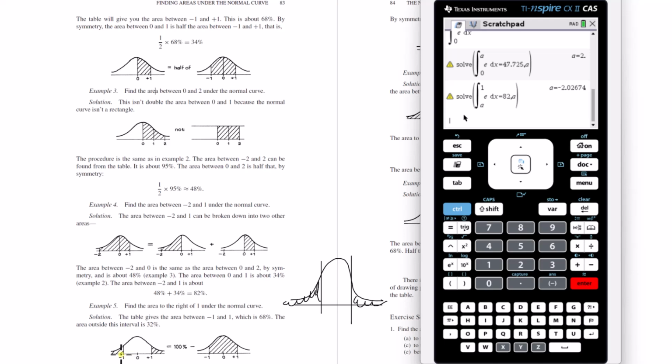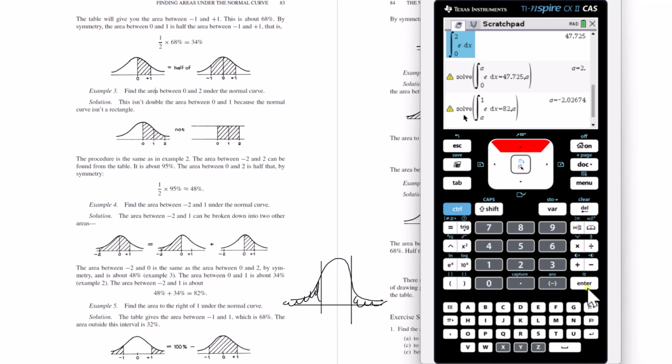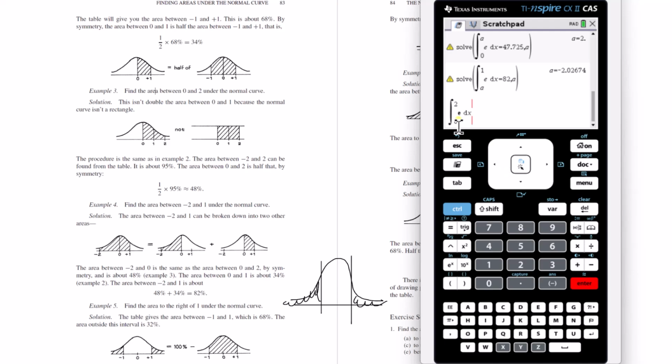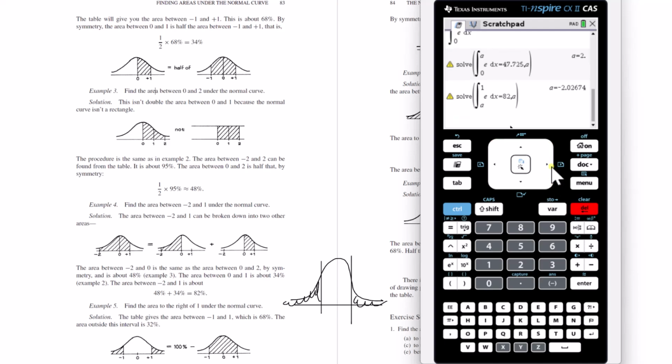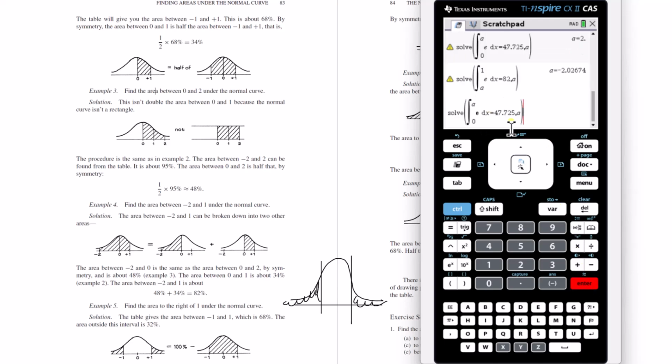This one here, you could take advantage of the symmetry. You know that 2 times this area. So, I mean, you don't have to use the symmetry. It'd just be a little more complicated to do this, but you would say, okay, so let's take this. This is going to equal 82, and you don't know.